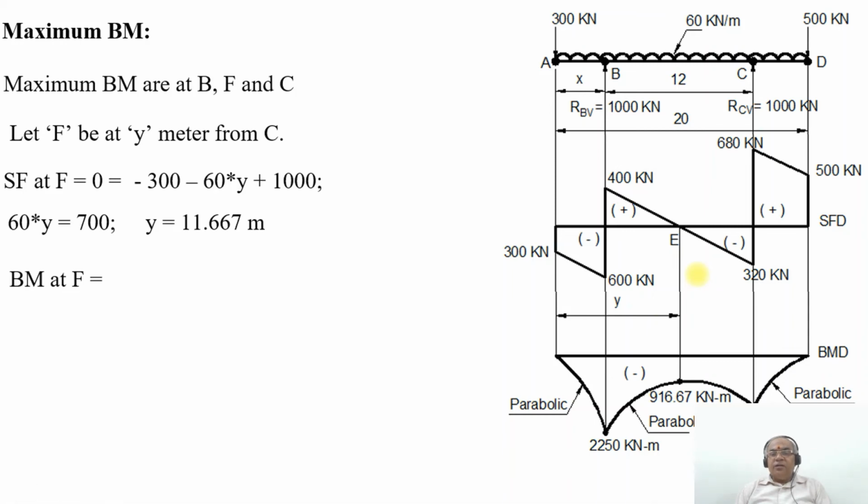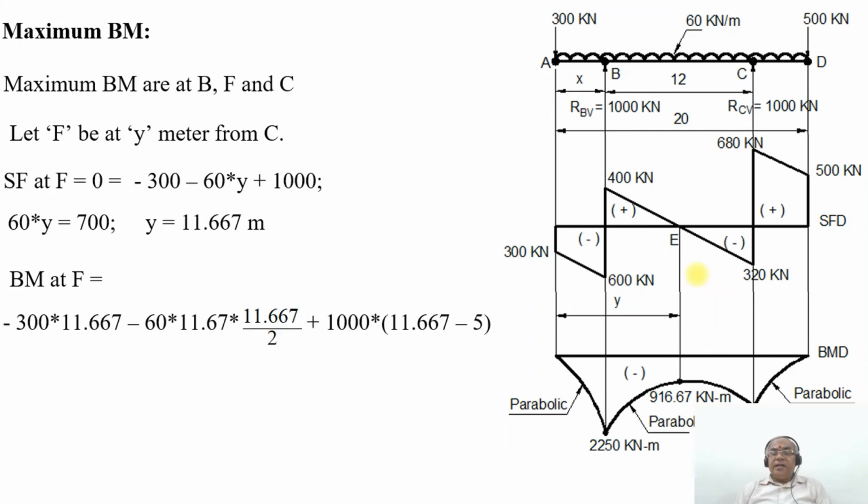Once you get this value, what will be the bending moment at that particular point? The bending moment at the point F will be equal to minus 300 into Y, plus 1000 into Y minus 5, minus 60 into Y by 2.